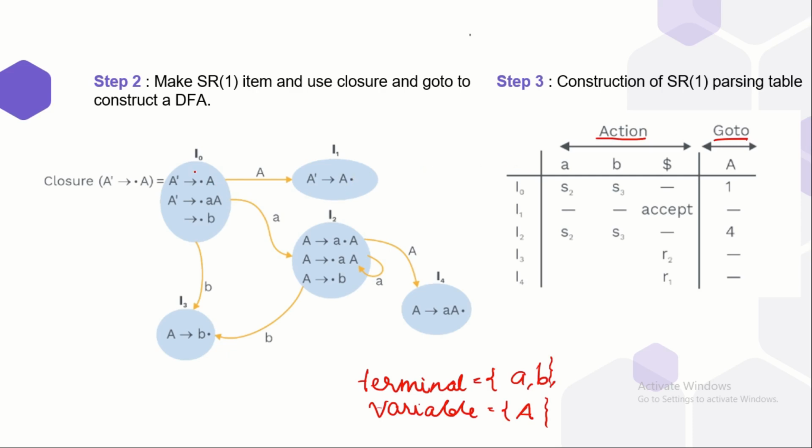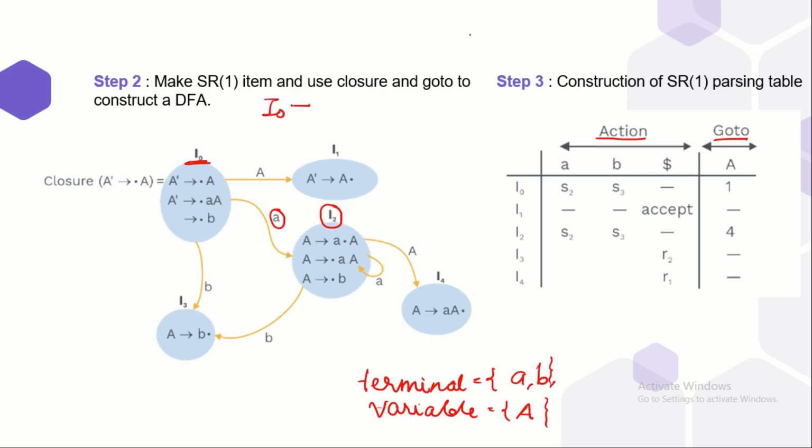You can see that I0 on reading a is moving to this particular state I2, right? So what kind of move is this? This is a shift move.